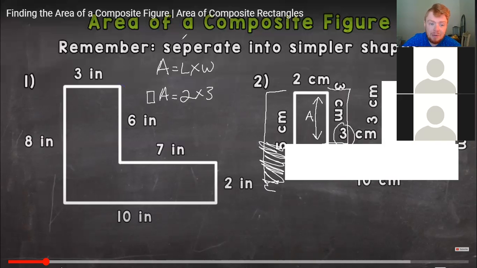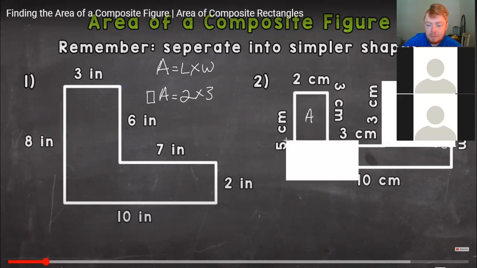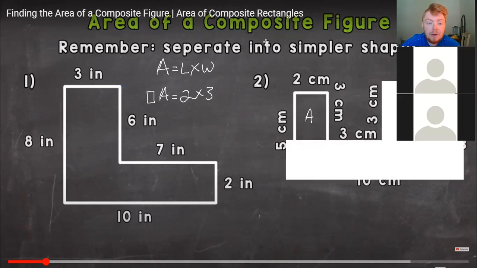So we know it's that one for sure. So, A. Okay? So we know it is going to be 2 times 3, which equals 6.